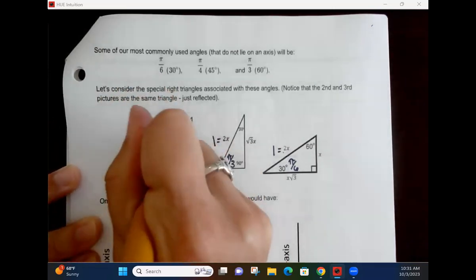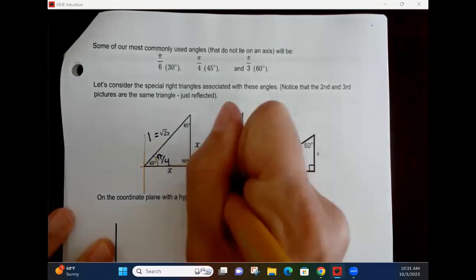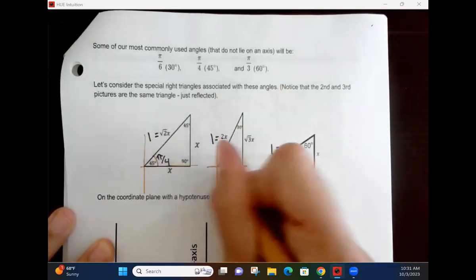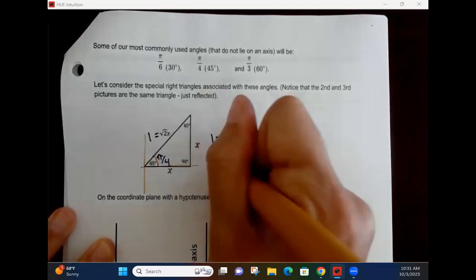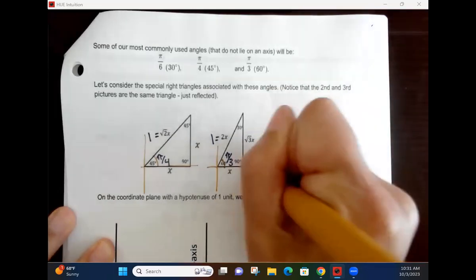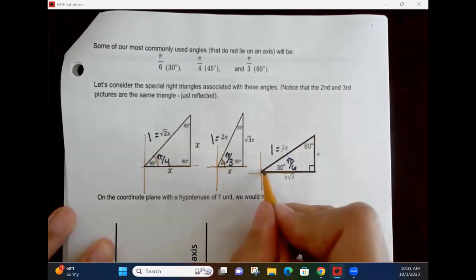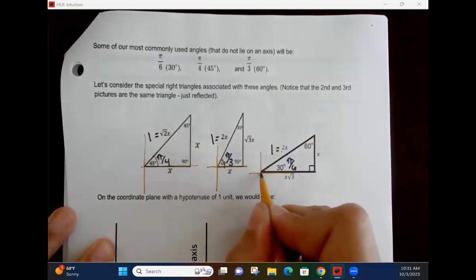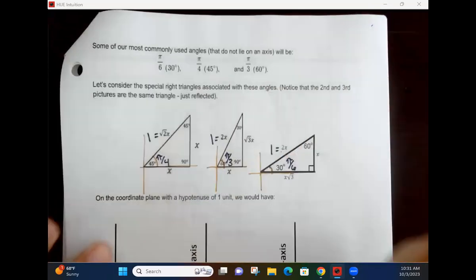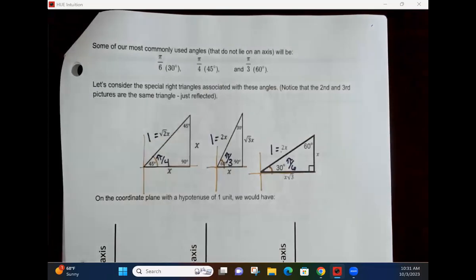Angle at the origin. There's our angle. Same deal here: angle at the origin, initial side along the x-axis. There's my angle. And then same deal here. The angle that we care about, centered at the origin, initial side along the x-axis, and there's my rotation to my terminal side.